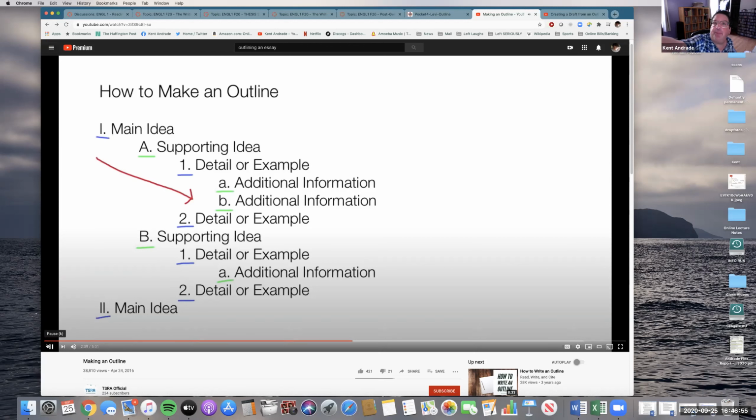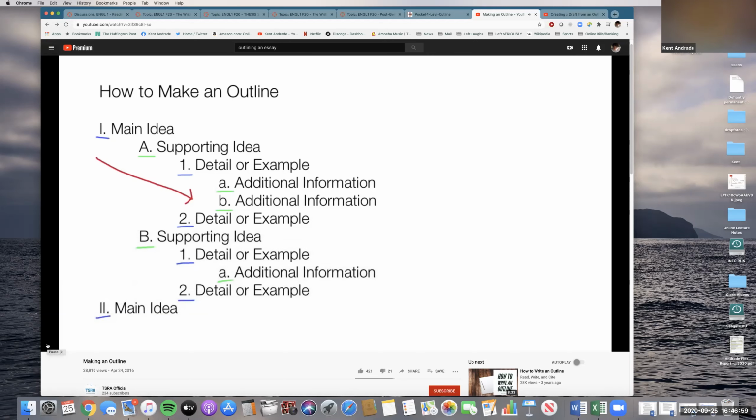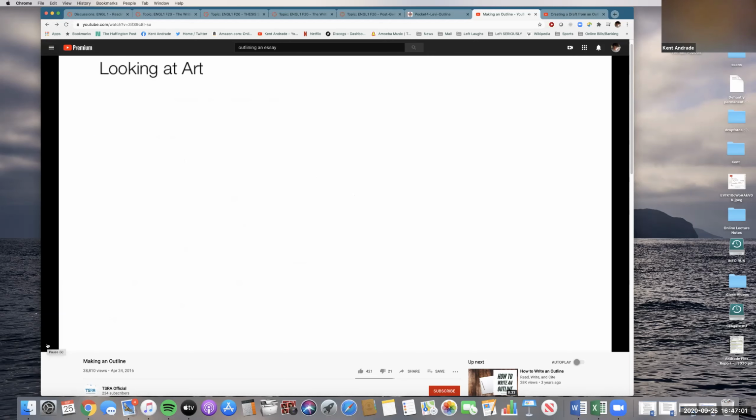Like the describe, relate, interpret process we introduced in the Looking at Art video. First, let's title this outline Looking at Art. The easy part in this case is the main ideas, because we already have them: describe, relate, and interpret. Let's start with describe and work our way down the outline.